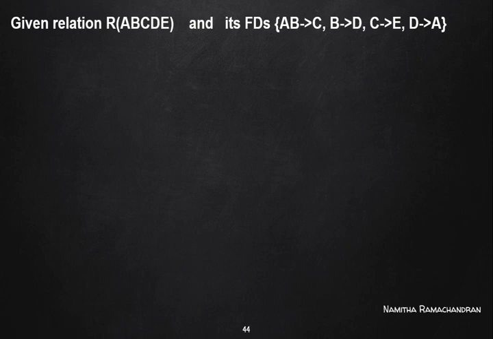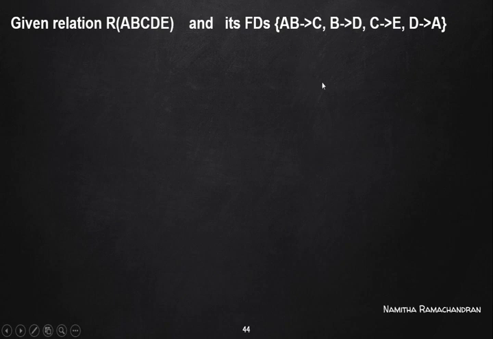Many candidate keys may be possible for this relation R, but all such candidate keys must contain the attribute B. Okay, so first identify the one or two or many attributes which are not present in the RHS part of our given functional dependencies.